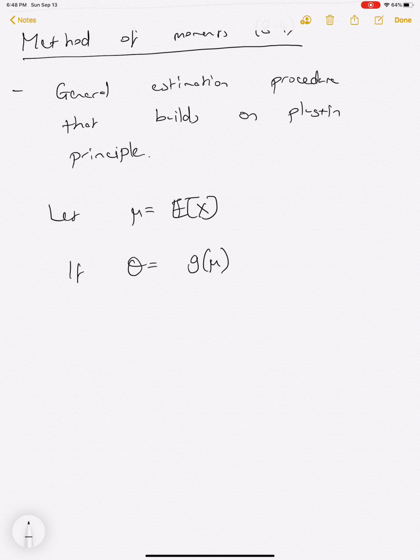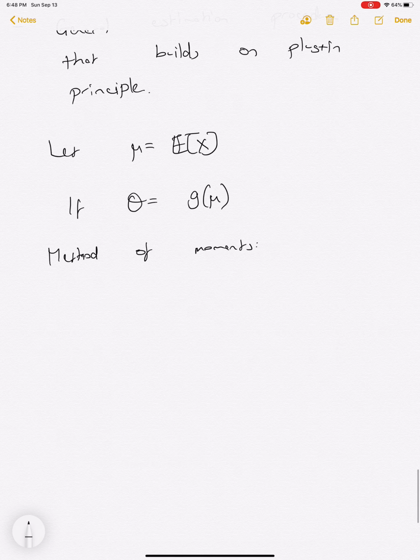then the method of moments works the following way, and it's called moments because it's related to the mean, which is the first moment of the random variable.